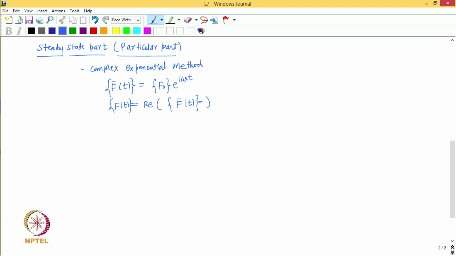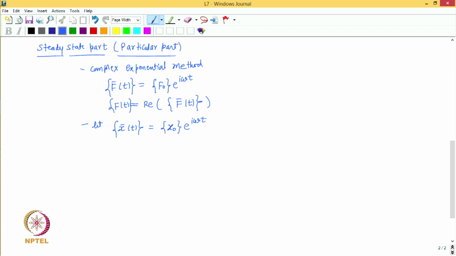Therefore, we determine the response to F bar t, and then the actual response can be determined as the real part of the response. Then we assume that the complex steady state response is equal to x naught e to the power i omega t.